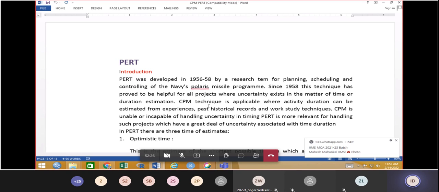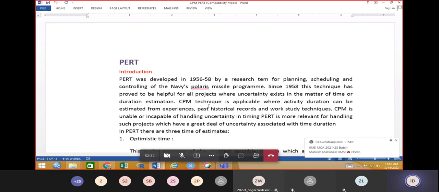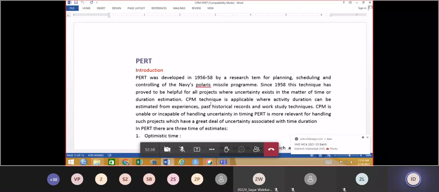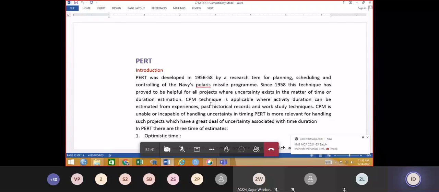We have to calculate properly. CPM is incapable of handling uncertainty in timing. Comparatively, PERT is more relevant for handling projects which have a great deal of uncertainty associated with time.